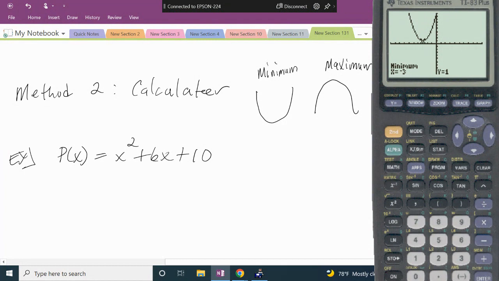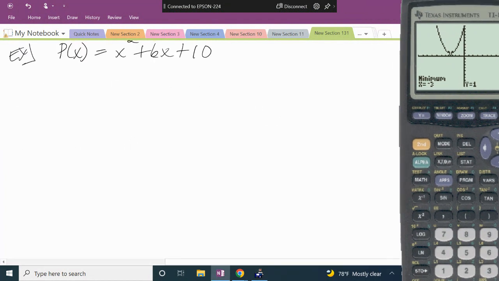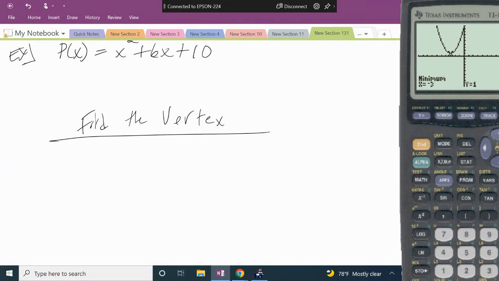Here is a third way to find the vertex, and it's by writing it in this form.